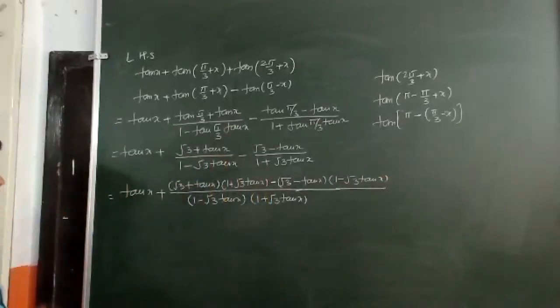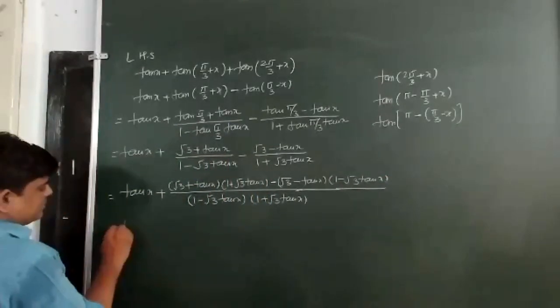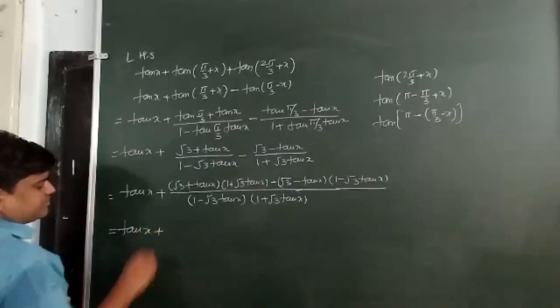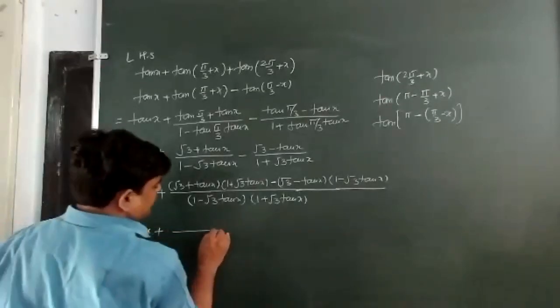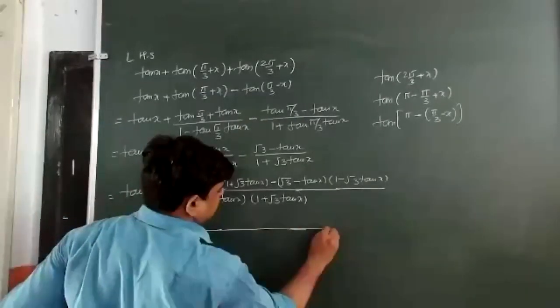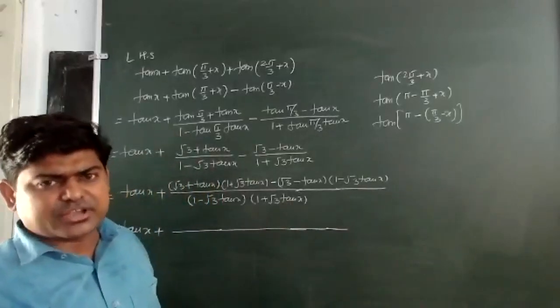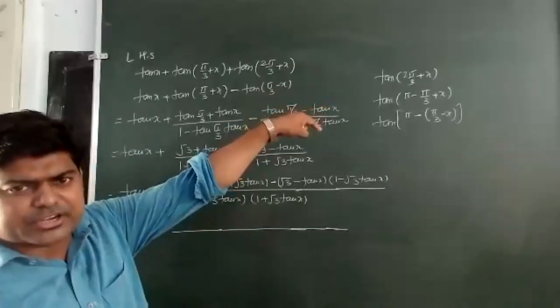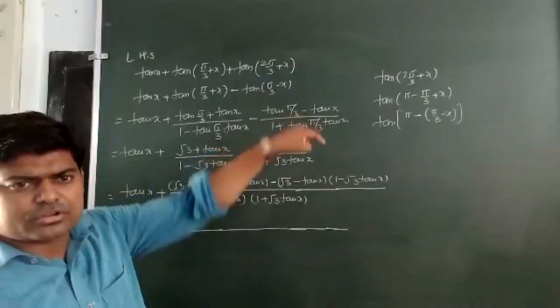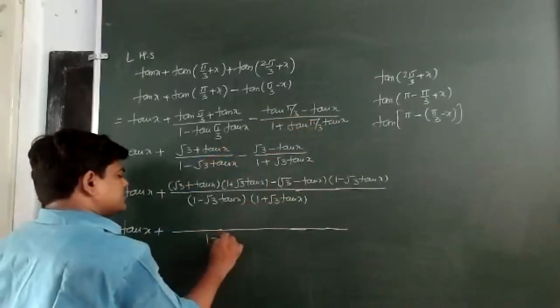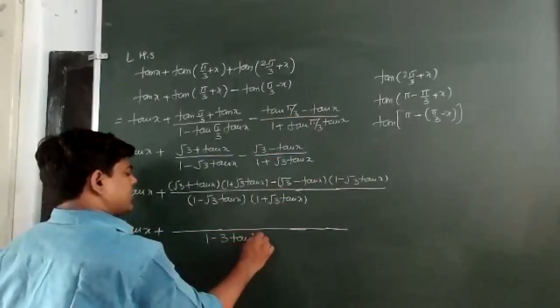It is now tan x plus. In the denominator, you can see after using (a plus b) and (a minus b), it will be 1 minus 3 tan square x. And in the formula of tan 3x, we will get it. We will get or not. So here I can write 1 minus 3 tan square x.